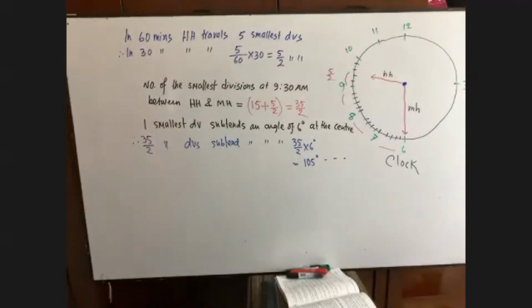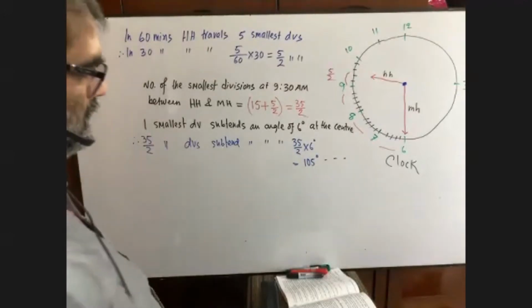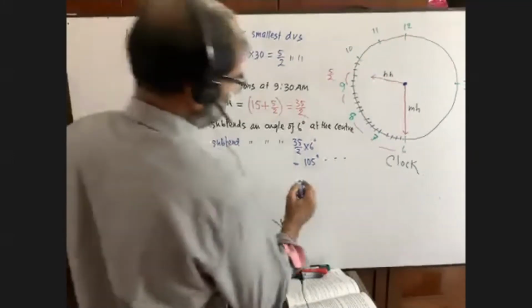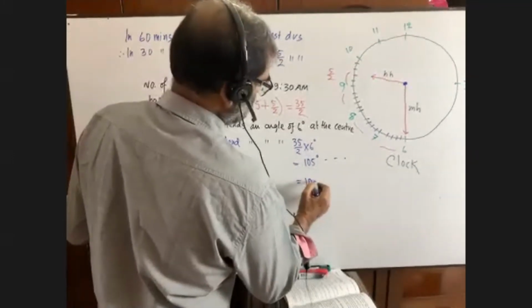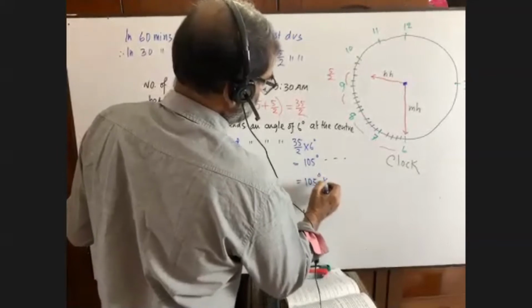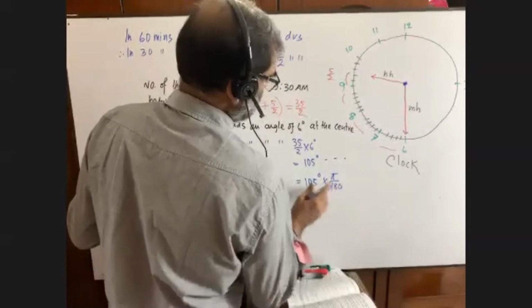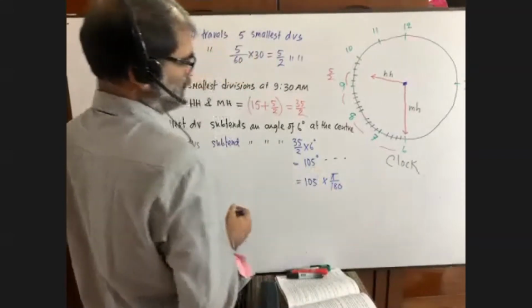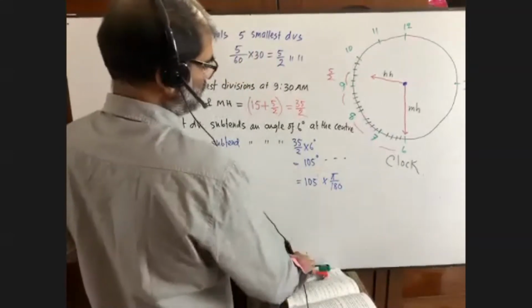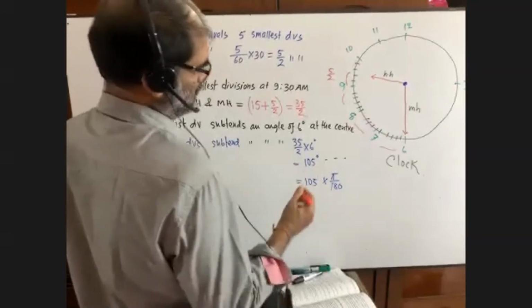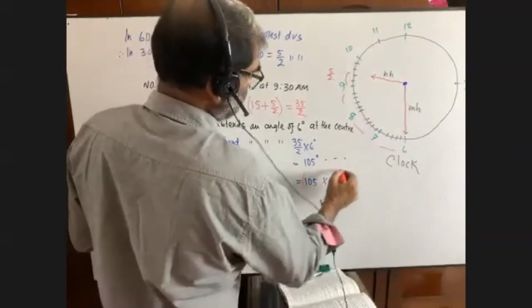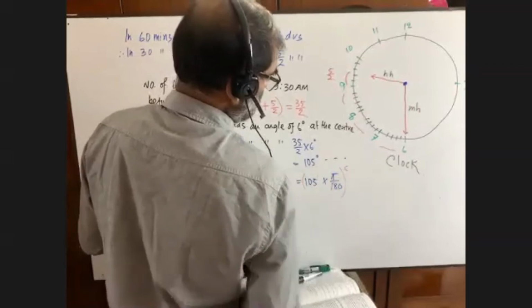Now, it is told to express in radian. Radian means what? 1 degree equals to what? Pi by 180 radian. So degree won't be there. 1 degree equals to what? Pi by 180 radian. Is it? Radian.